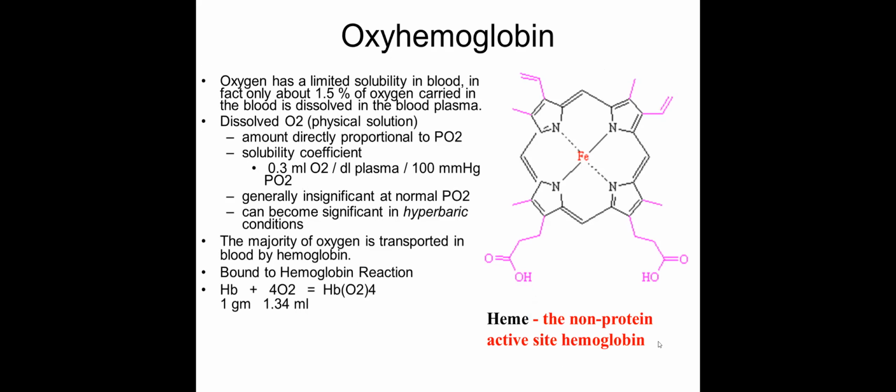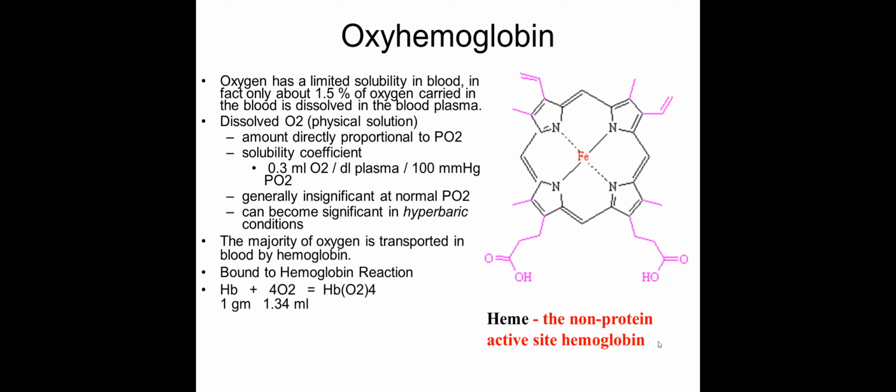Okay. Now, a little bit about oxyhemoglobin. Now, I'm not going to get a lot into this here because I made another video for you, but oxygen has a limited solubility in the blood. In fact, it's only about 1.5% that's carried as solute or dissolved oxygen in the blood plasma.